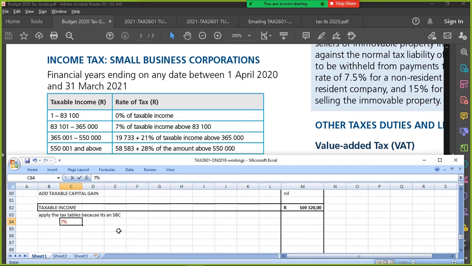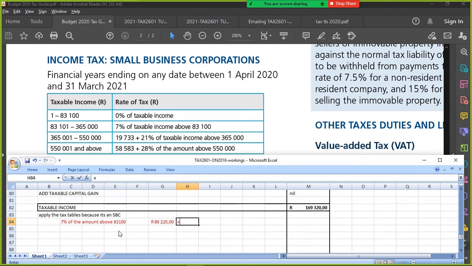Yes. Okay, so we need to find the difference. That minus 83,100 gives us that. Times that by 7%. Oh, that's the answer actually. Okay, because no tax is paid on the first 83,100. Do you see that? Yes.